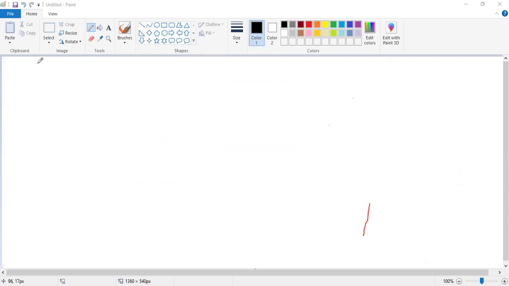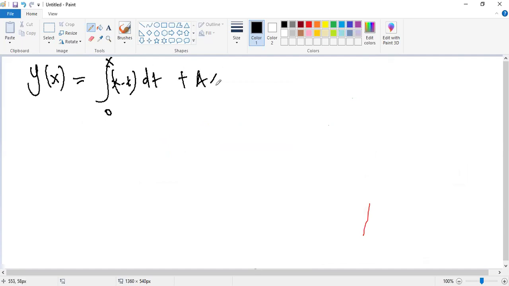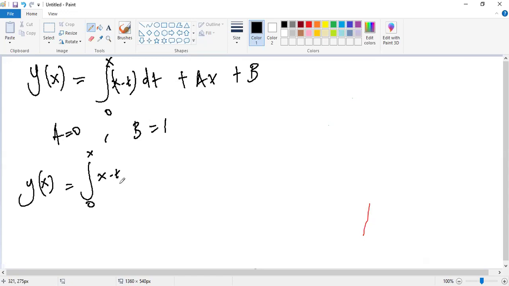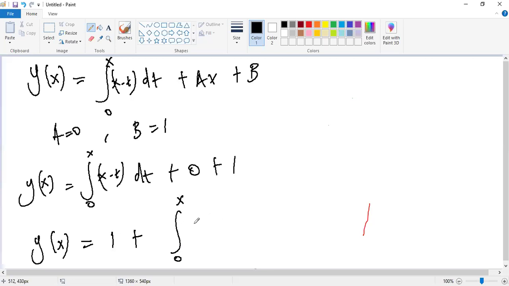So we got that y of x was equal to the integral from 0 to x of (x minus t) dt plus ax plus b, and we've gotten our value of a to be equal to 0 and b to be equal to 1. So our y of x is equal to the integral from 0 to x of (x minus t) dt plus the whole of this will give us a 0 plus 1. I can arrange this as y of x is equal to 1 plus the integral from 0 to x of (x minus t) dt.